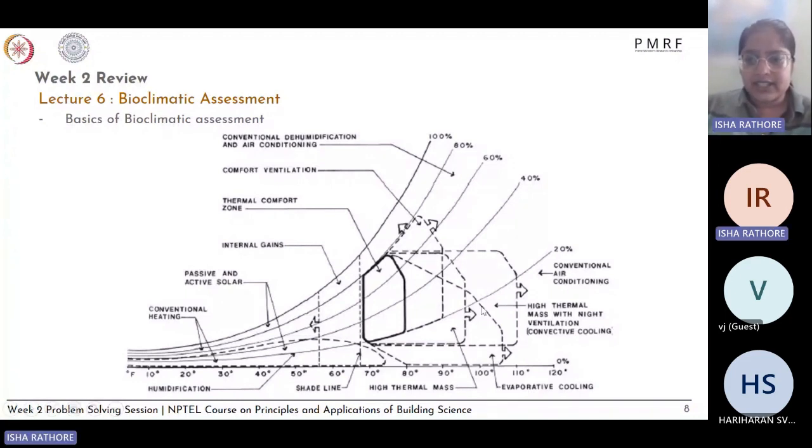Then we have another technique which is called evaporative cooling. Evaporative cooling is basically using, for example, your desert coolers or water bodies. They make use of the evaporation potential of water. So water absorbs the heat of the ambient and evaporates itself, causing evaporative cooling.